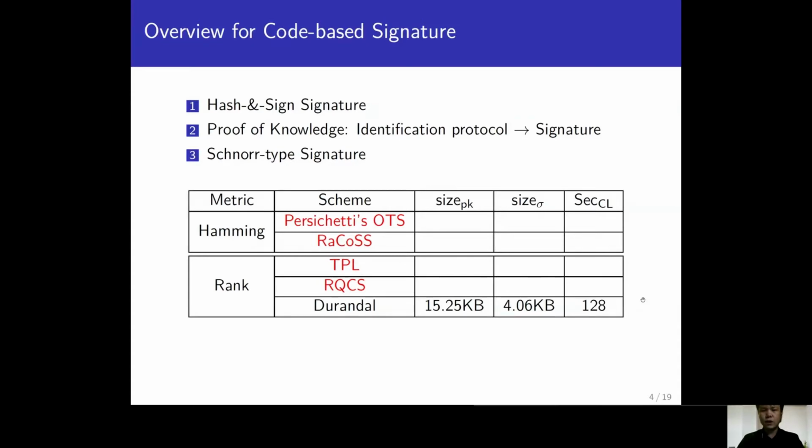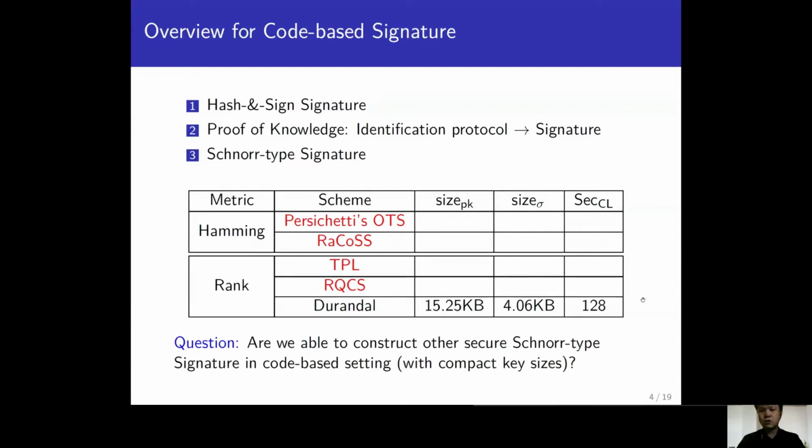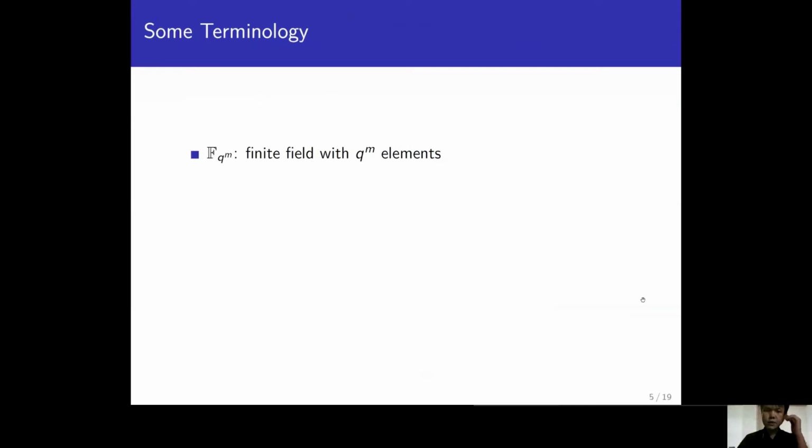As you can see, the red ones are the signatures that have been attacked or broken. The only one still secure up to date is Durandal, the rank metric signature scheme. So the question is, are we able to construct other secure Schnorr-type signature schemes in the code-based setting? And of course, we want to achieve a compact key size.